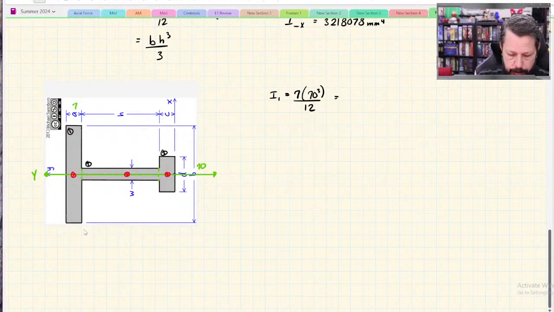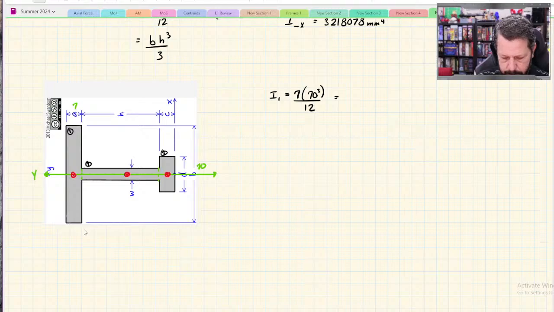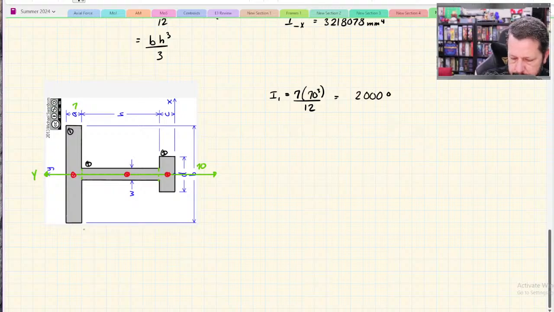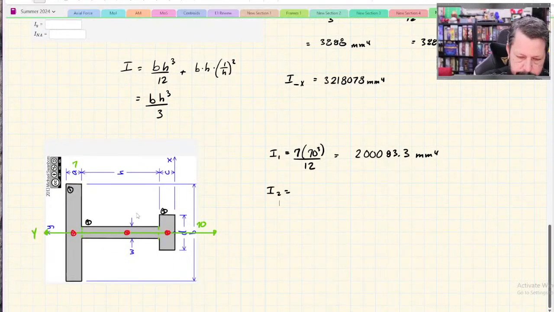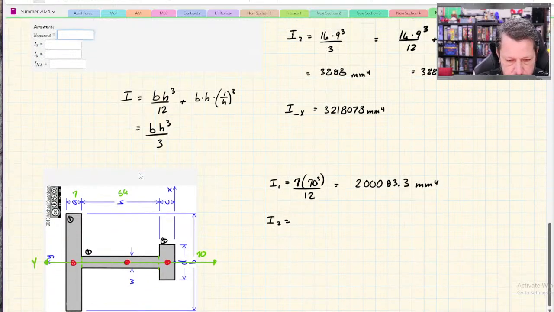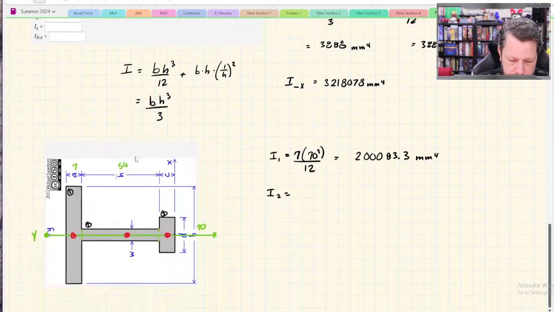Let's see, 70 cubed times 7 divided by 12, 2,003,08.3. Part 2, also a rectangle, a base of H, which is 56, yes, and a height of W, which is 10.